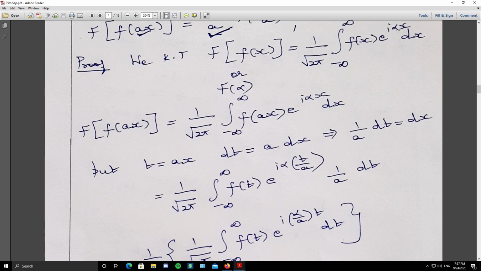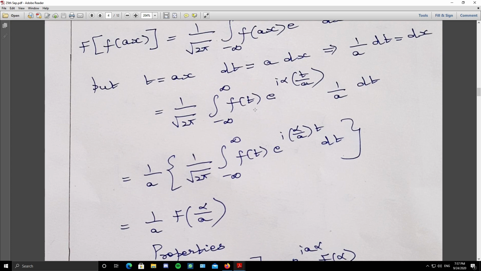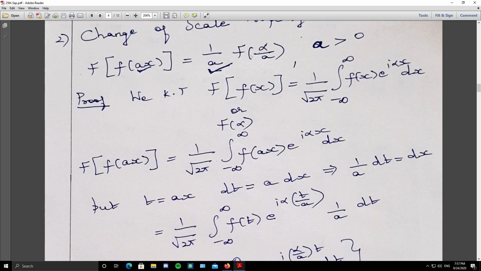So if alpha is a constant, it is written as F of alpha. If alpha by a is constant, then it is F of alpha by a. I repeat, you have seen the definition: x is a variable, alpha is a constant. So what is the notation? Capital F of alpha with respect to the constant.